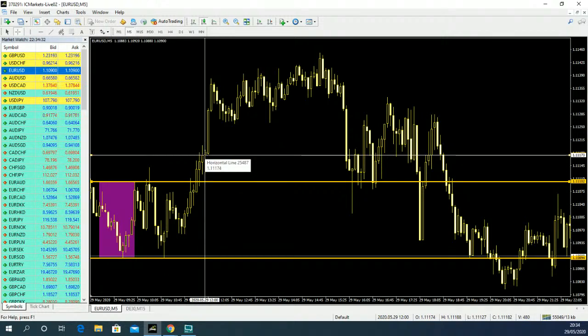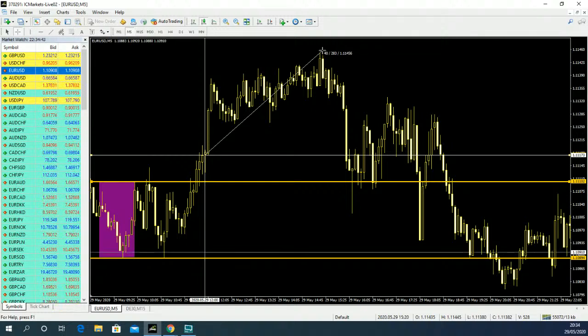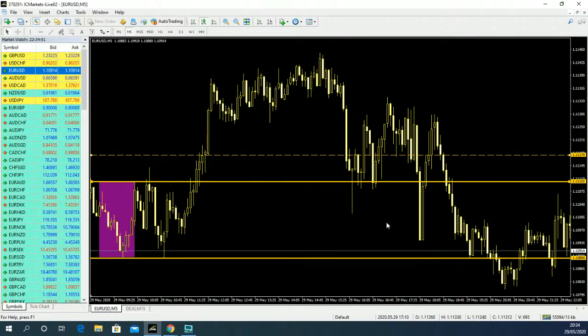Let's check. We have to check it out. My oh my, we got 27, 28 pips. It's not bad. That means we are safe. Our TP1 is right in the money. So we bank that one.